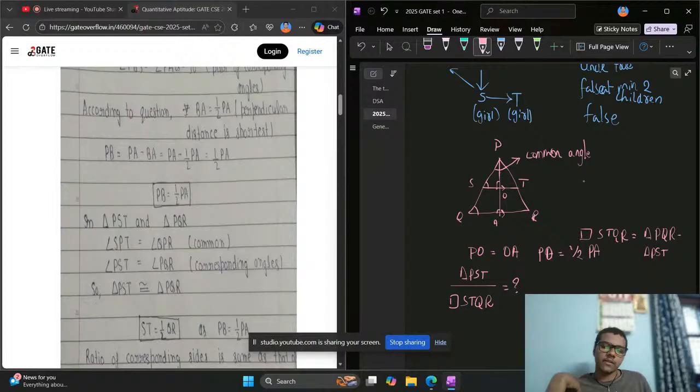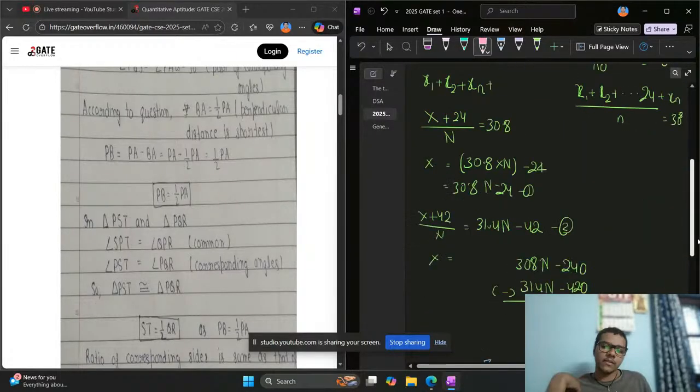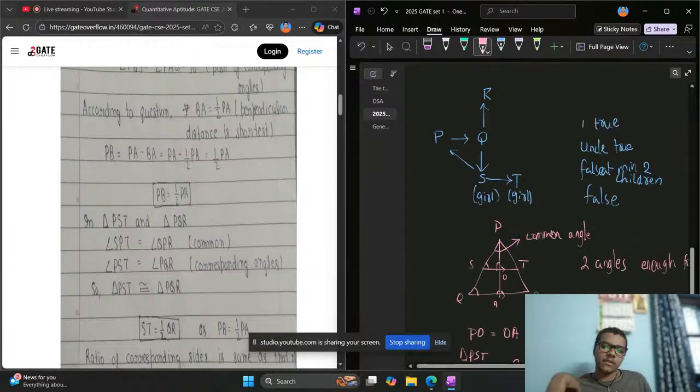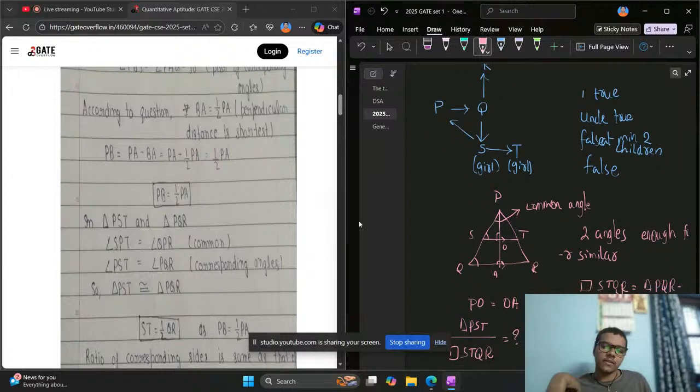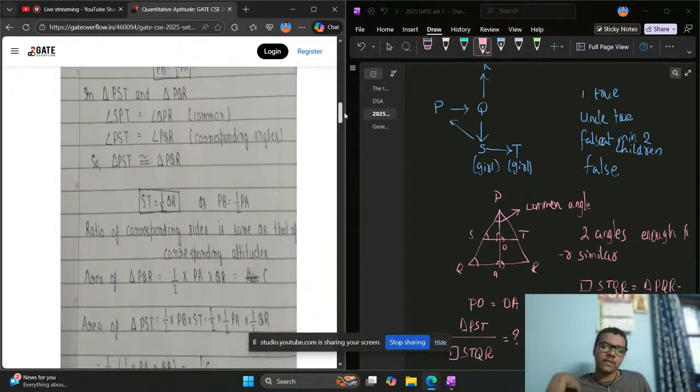Two angles are enough for similarity. So those triangles are similar. Absolutely, we proved that one.